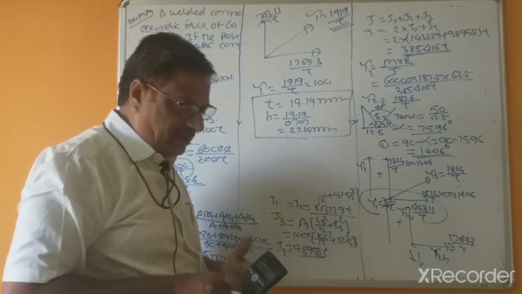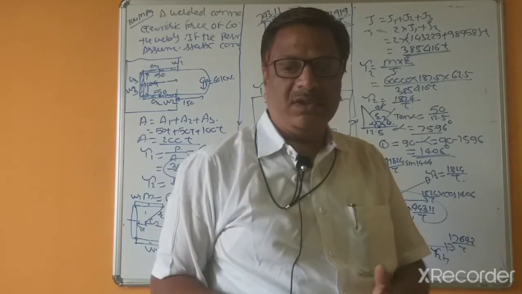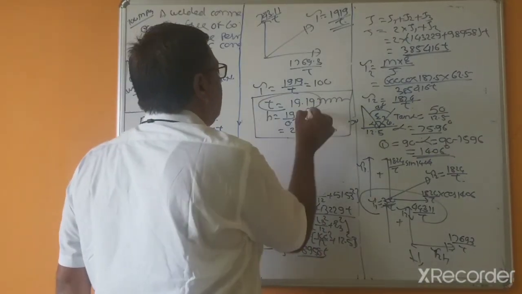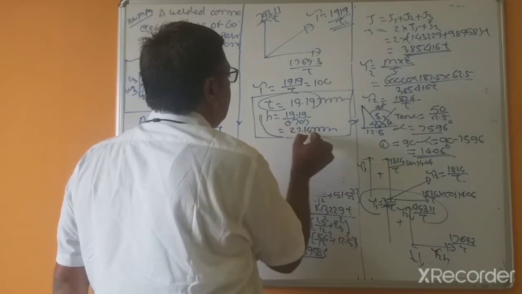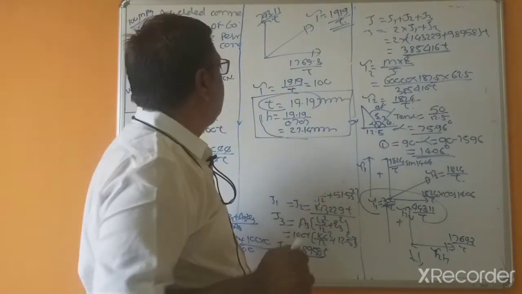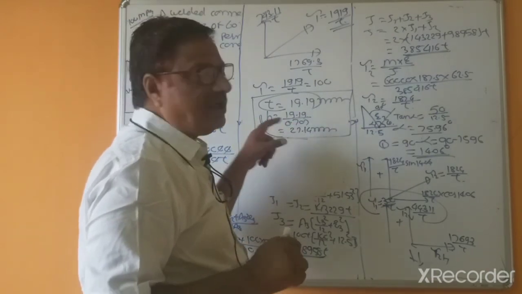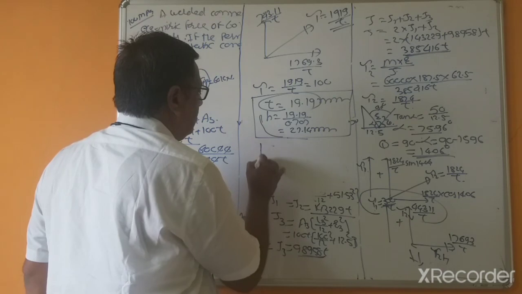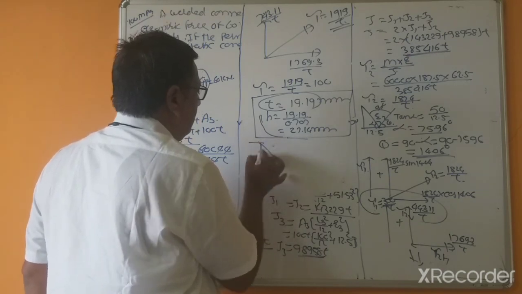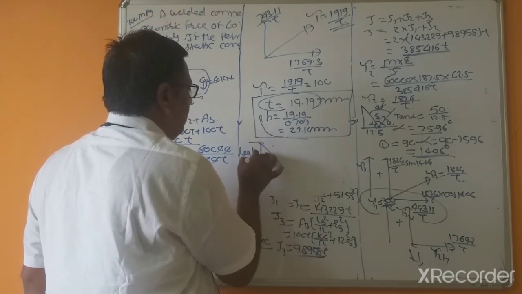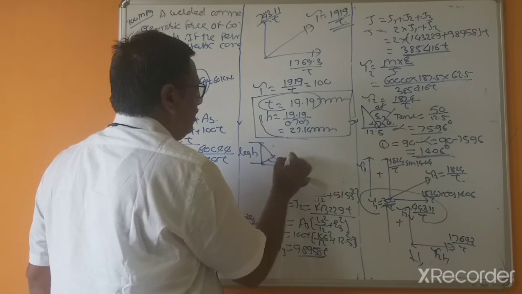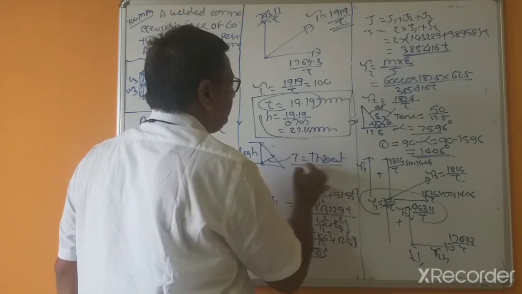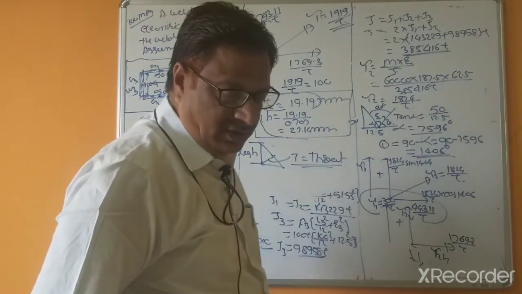So both answers are important, because the paper assessor may know only one of these values. So that's why calculate both values. H is the leg, this height, and T is the throat. Both answers are important.